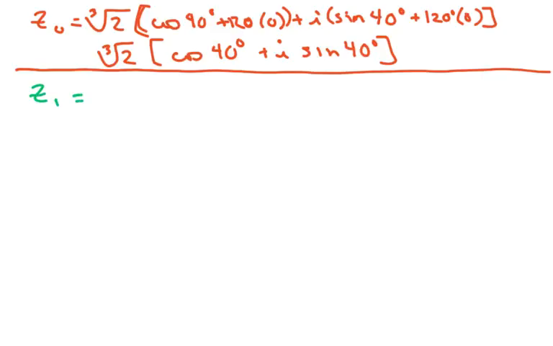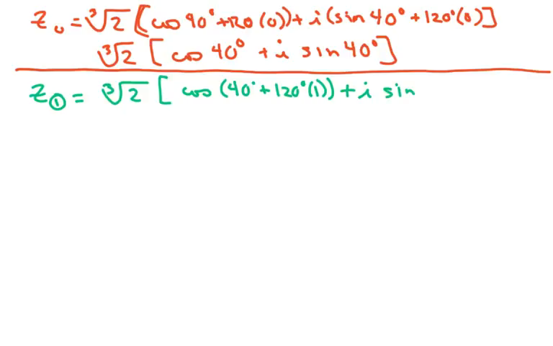So it's going to be cube root of 2 times cosine of 40 degrees plus 120 degrees times 1. And we're using the 1 here. Okay? Plus i times sine of the same, 40 degrees plus 120 times 1.